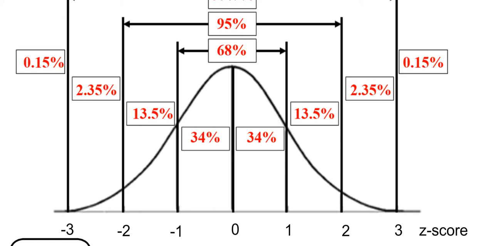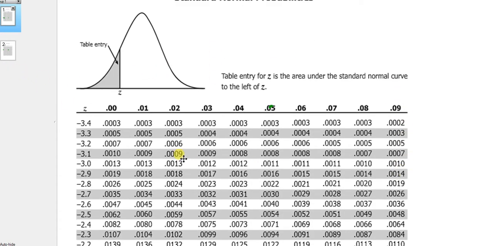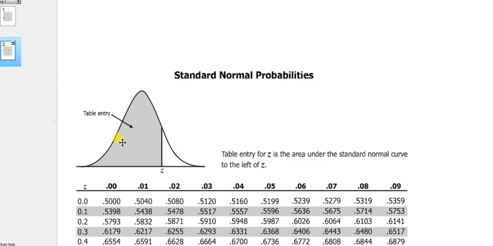So there's 100% of the area, and it looks different, but it's actually the same thing as when we use this sheet. One side's negative, one side's positive, and a z of 0 just means you're at 50% below the curve. It's the same thing if you look at one standard deviation.